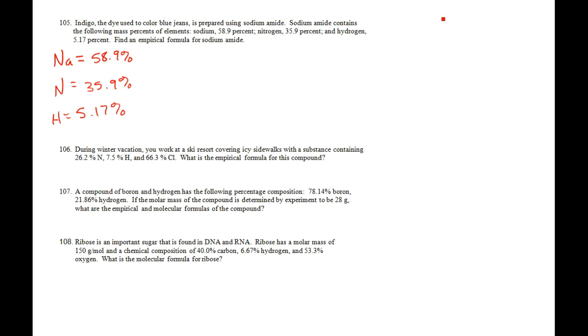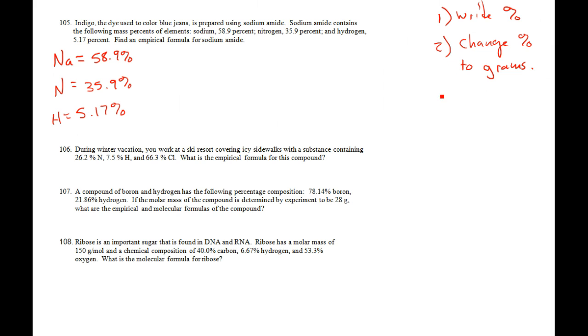Let's review the steps. First, you write down the percents. I did that. Second, change percent symbol to grams. I would never write percent if I was doing these problems; I'd just write 58.9 grams, 35.9 grams, and 5.17.